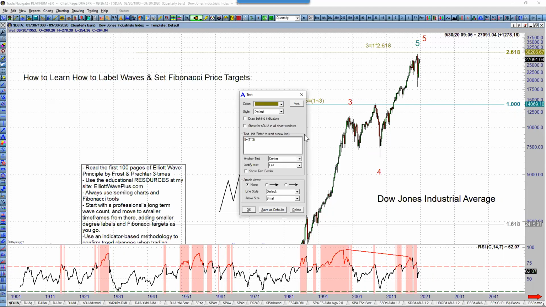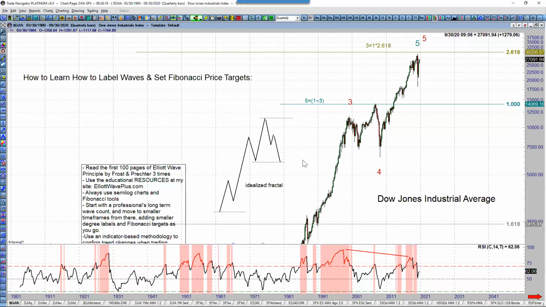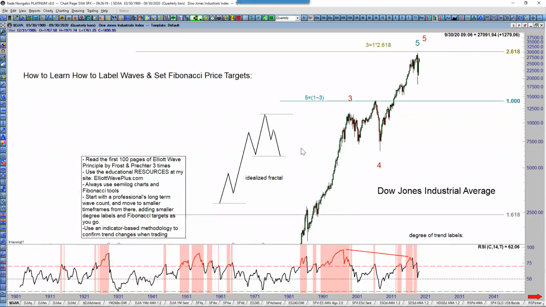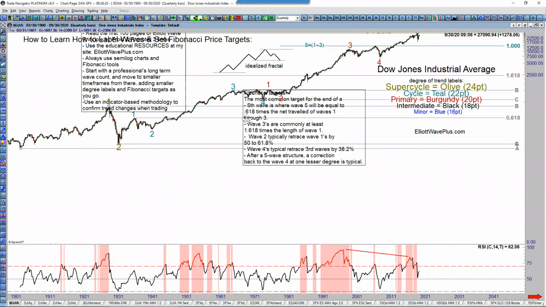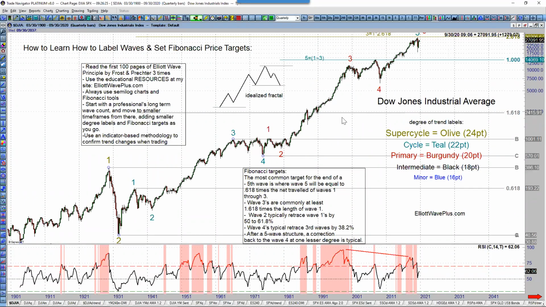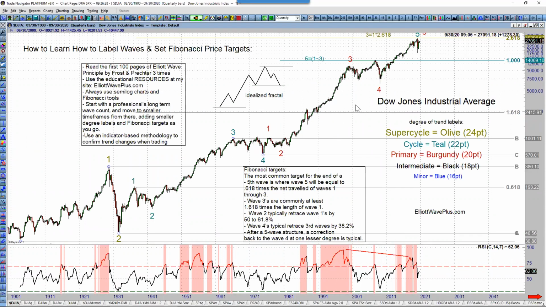It would just simply equal it. So that would be an extended teal 5. What this shows you is how extended these waves are getting when you start looking at a long-term chart. So we'll take one last look at this, and we've established a couple of targets up here.